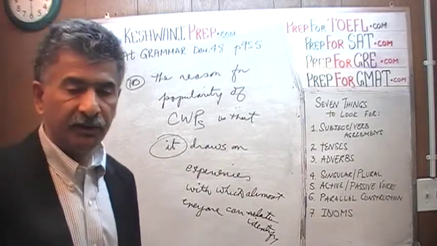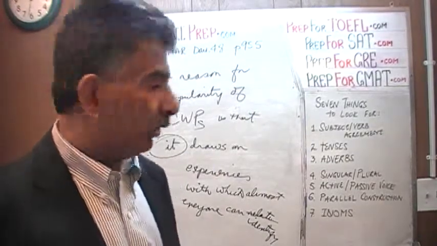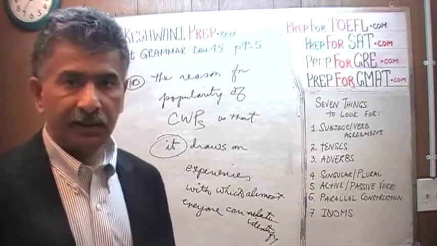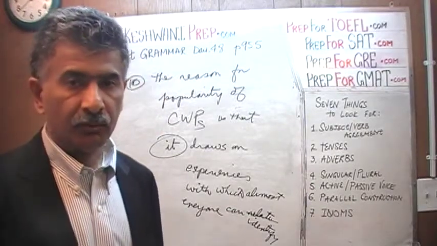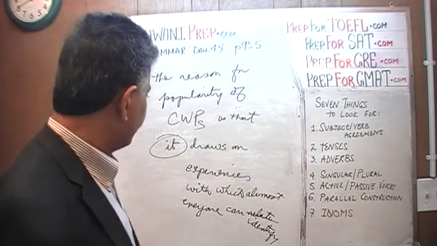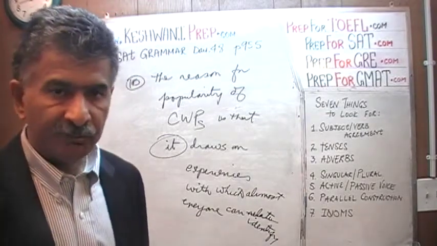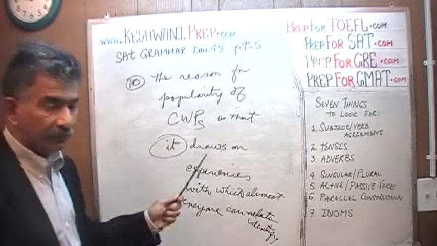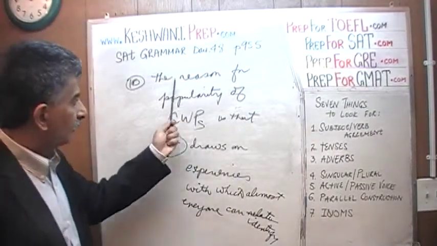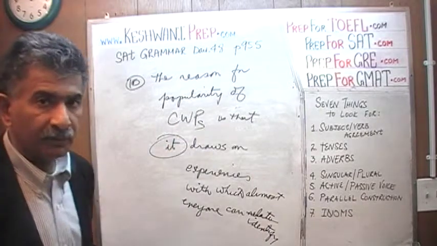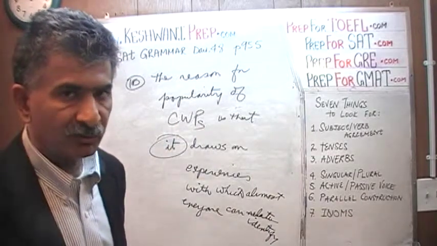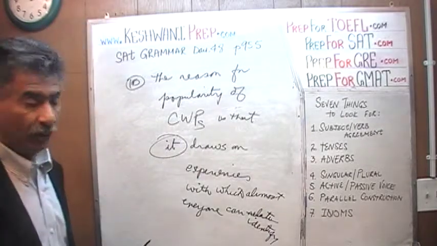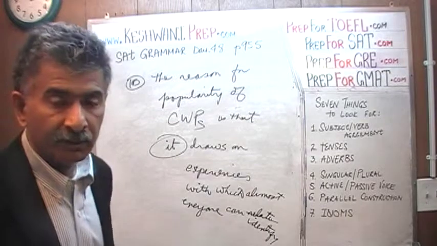What is it talking about? What draws? The question here is, what draws on experiences with which almost everyone can identify? And what draws on the experiences is their music. The reason for popularity of country western performers is that their music draws on experiences that everyone can relate to.